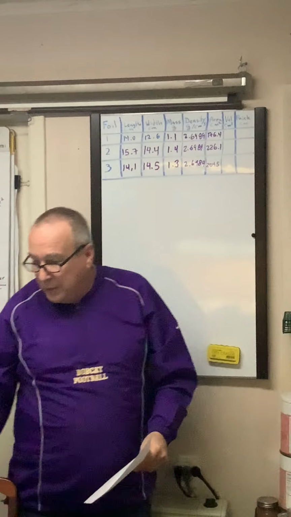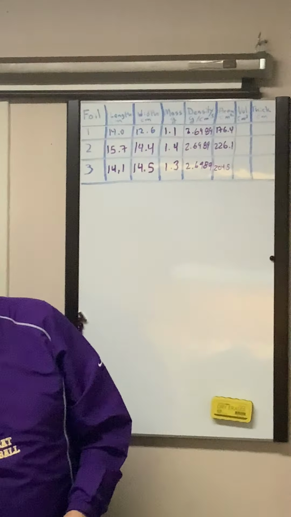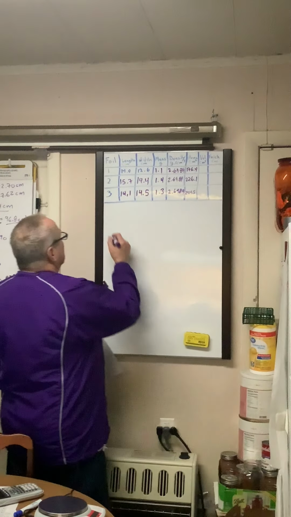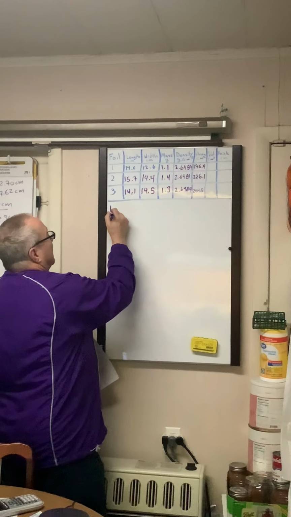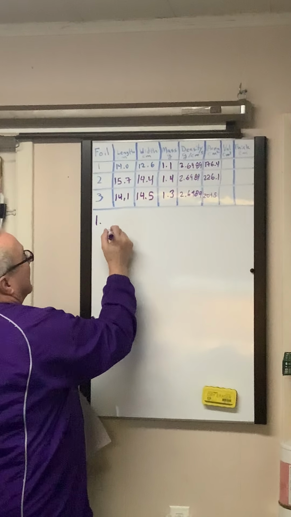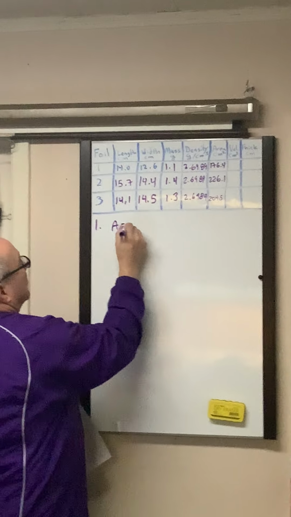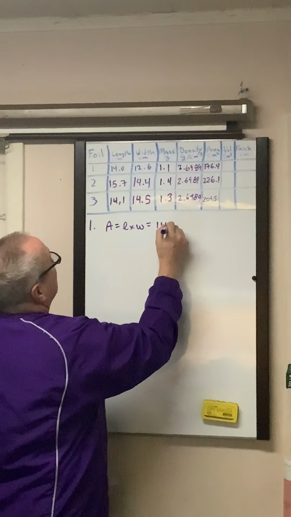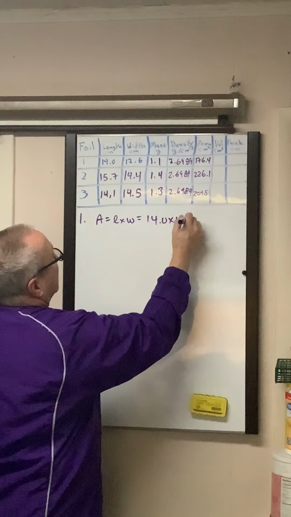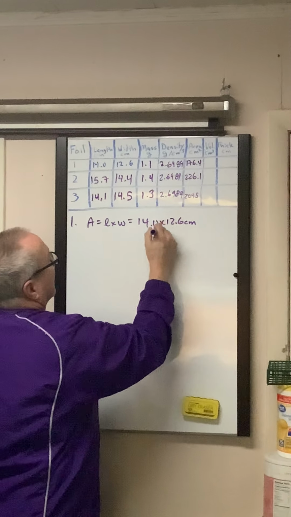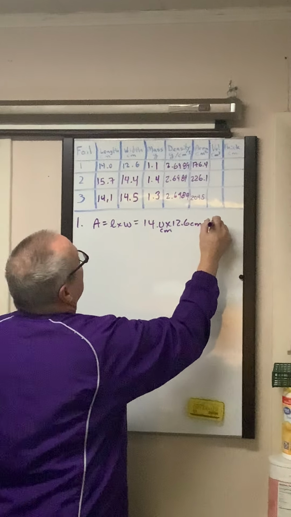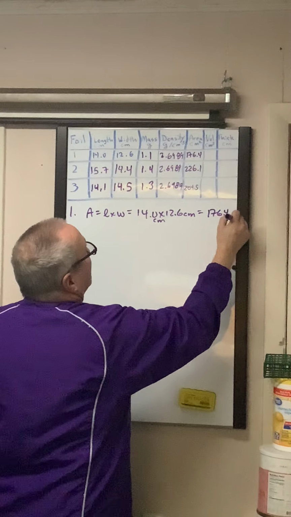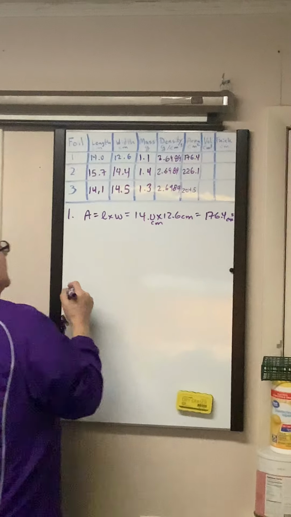And if you look in your report, it says, calculate the area for each piece of foil. Please show all calculations. I really should have done it this way. Number one, area is equal to length times width, which is equal to 14.0 times 12.6 centimeters, which is equal to 176.4 square centimeters.